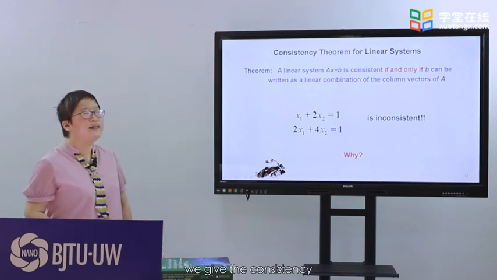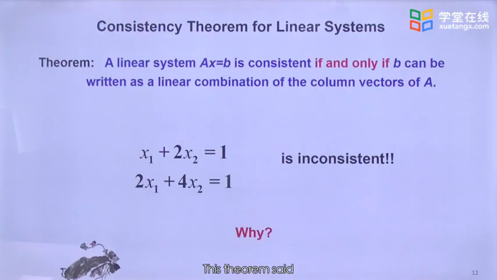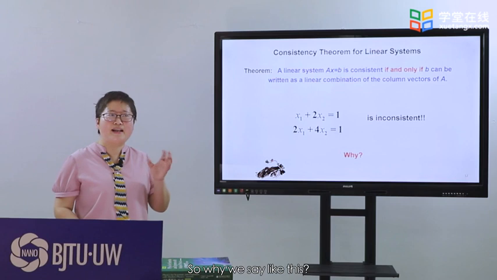Now, we give the consistency theorem for linear systems. This theorem says that a linear system Ax equals b is consistent, that is solvable, if and only if the right-hand side vector b can be written as a linear combination of the column vectors of A. Why do we say this?